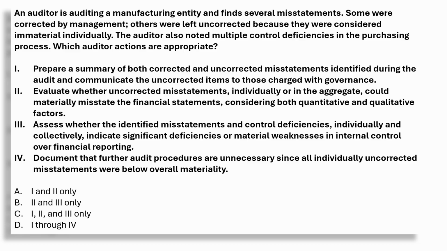Document that no further audit procedures are necessary since all individually uncorrected misstatements were below materiality. No, this misses the requirement to consider aggregate effects and qualitative aspects. Dismissing misstatements solely because they are individually small is inconsistent with standards. The correct answer is statements 1, 2, and 3. That makes the correct option C.